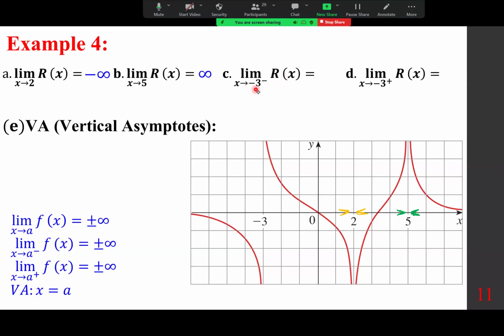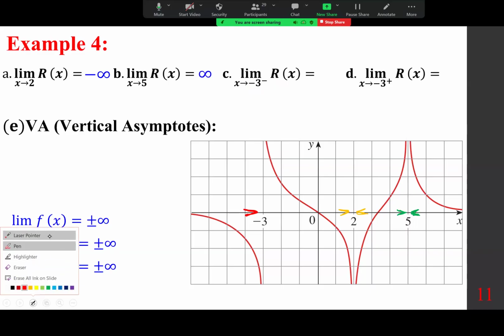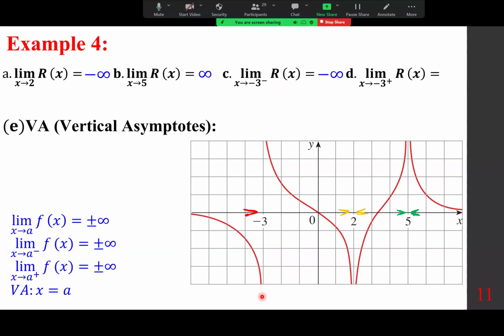Limit of r of x as x approaches negative 3 from the left. As we approach negative 3 from the left, it goes down to negative infinity.